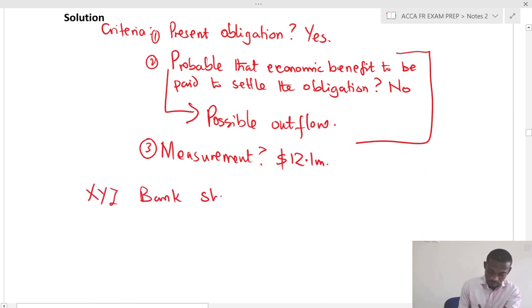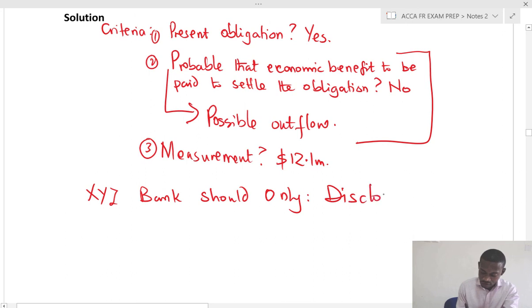So the XYZ Bank should only, please note, only disclose the guarantees at 20x8. So it is only a disclosure which is required.